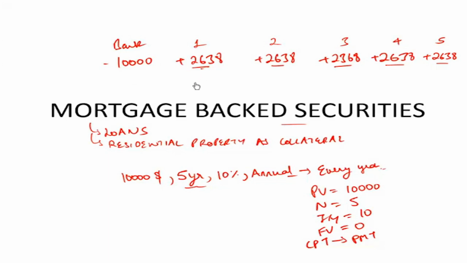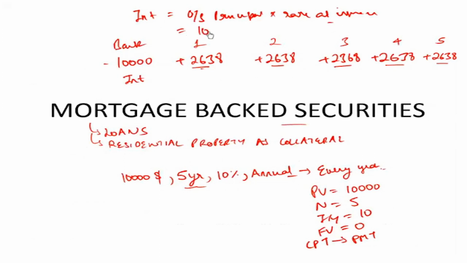Now please note that the interest payment in every year is simply equal to the outstanding principal multiplied by the rate of interest at issuance. Now for the first year, the outstanding principal is $10,000 and the rate at issuance is 10%.